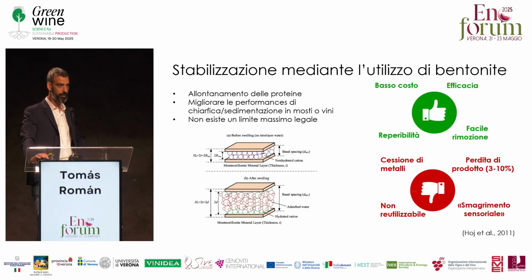Using bentonite, we all know how it should be used, what it stands for, and the many positives, as well as the few criticalities that it involves, which have already been discussed by my colleagues. And I would add the sensory losses. When we reach protein stability, we feel the differences from a sensorial point of view.